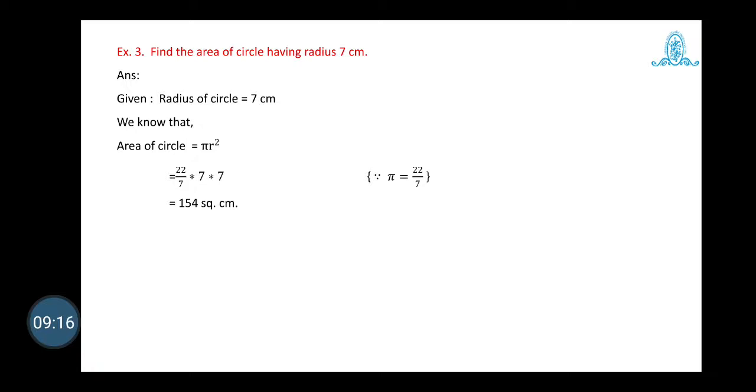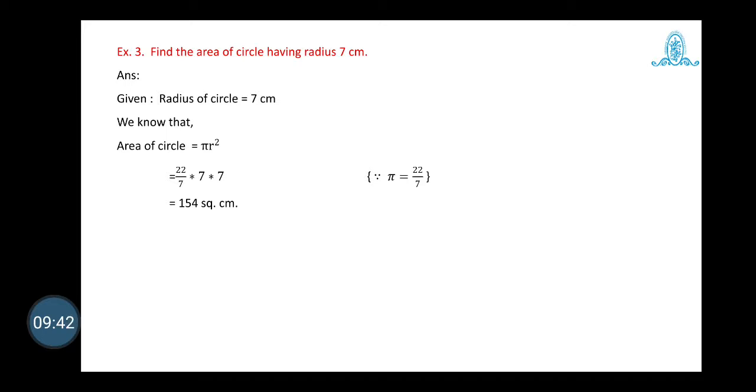Here we have to find the area of a circle having radius 7 centimeter. It's very simple. If the radius is given, by using the formula area of circle is equal to pi r square, we can calculate the area. So substitute the value of r. Here r square, therefore r is multiplied 2 times, so we write 7 also 2 times.